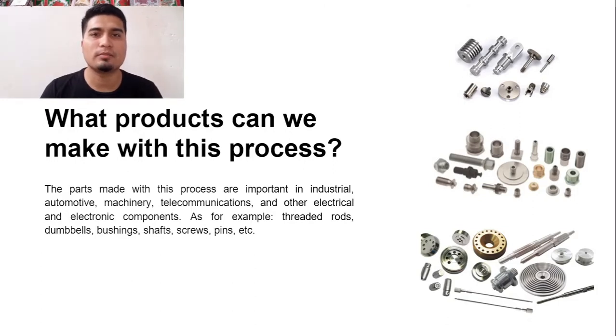Some examples are threaded rods, dumbbells, bushings, shafts, screws, pins. There are a lot of examples. So as we can see in the images, here we have some pieces that we can do with this machining process. So it's very useful to make all kinds of pieces.